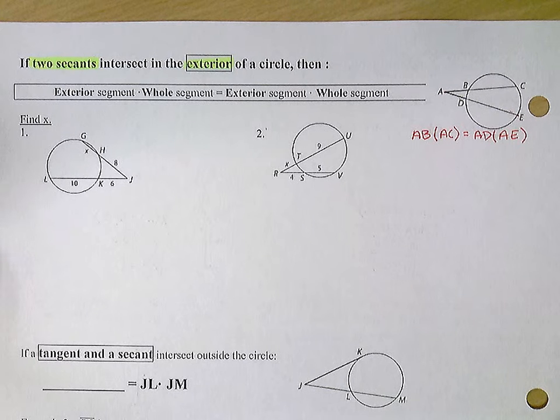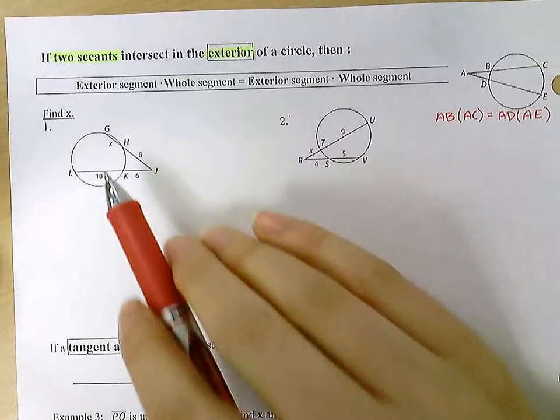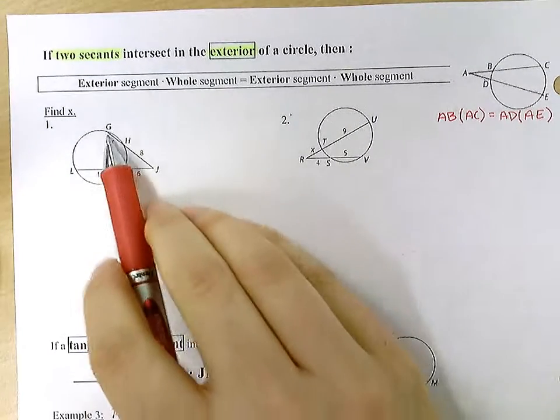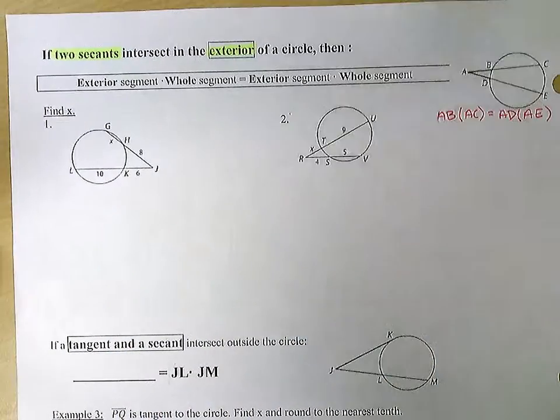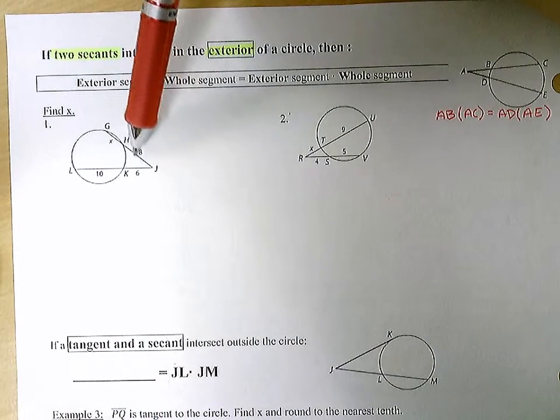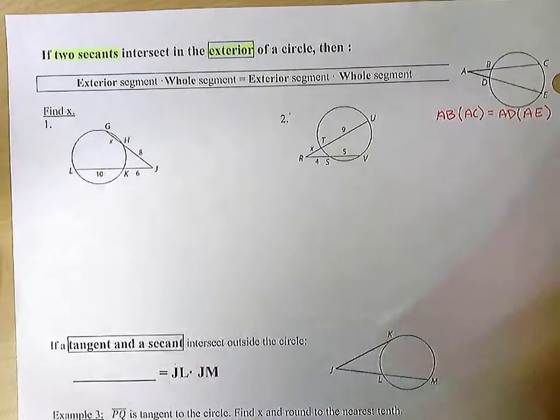Okay, so we're going to use that formula to do numbers 1 and 2. So number 1, we do have an intersection outside of our circle, and we do have two secants. Okay, so first I need the exterior segment. So in this one, that would be JH. That's 8.